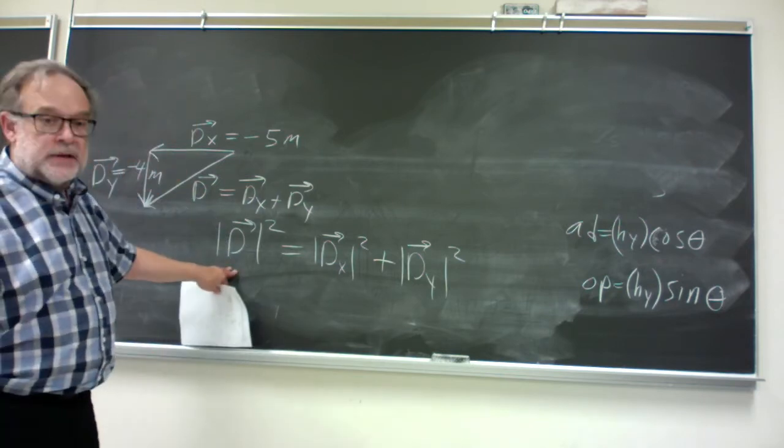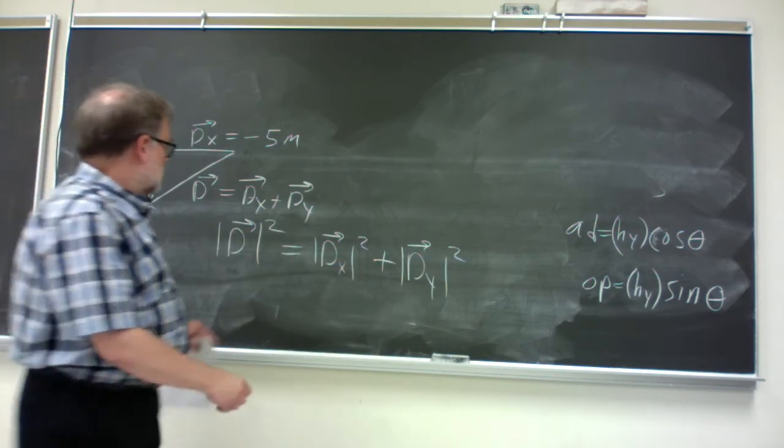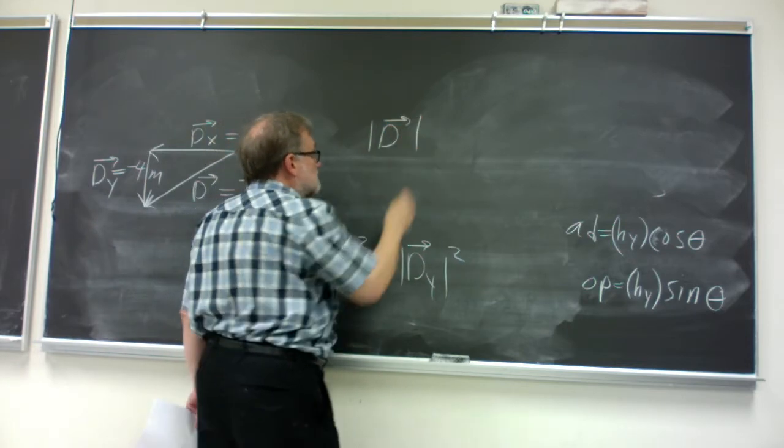And then if you want the magnitude of the displacement itself, just take the square root of everything. Square root of this is obviously just magnitude of d, size of d.